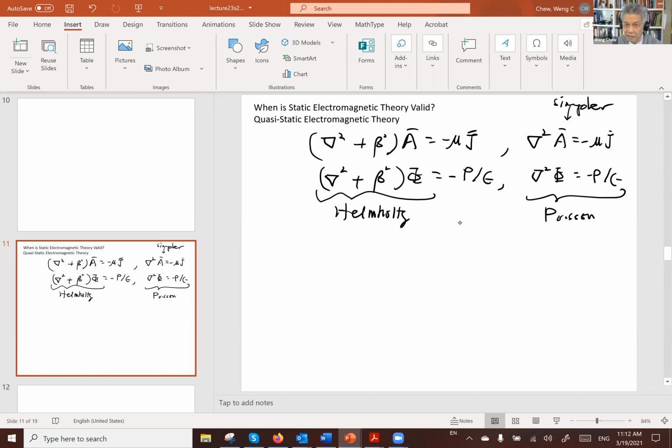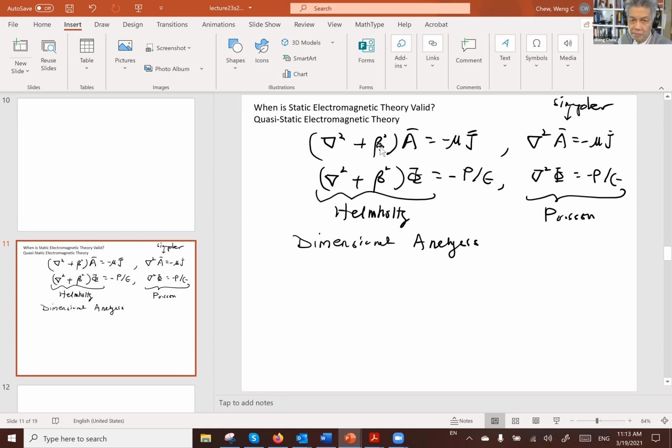Well, if you're a fluid person, you will do what is called a dimensional analysis. And what you do then is to compare the size of these two terms.